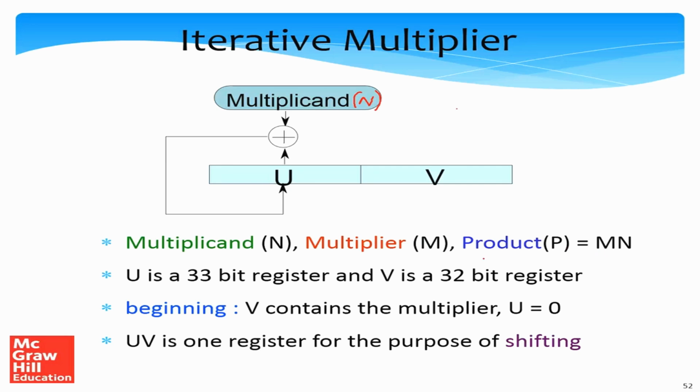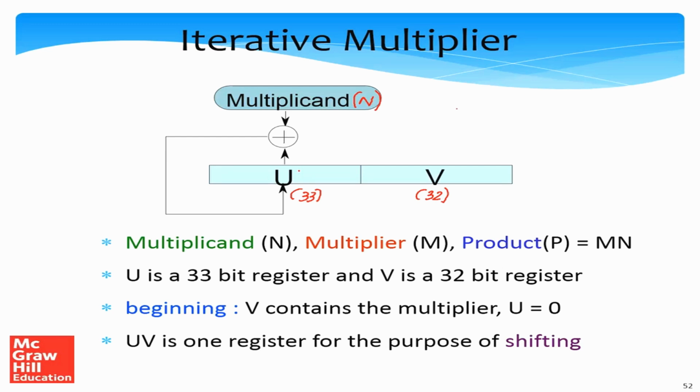In this particular scheme, we have two registers that we shall use. We are doing, mind you, 32-bit multiplication. Register U is a 33-bit register, and register V is 32 bits. Why is this 33? Well, we have an extra bit to take care of overflows. That's the only reason.